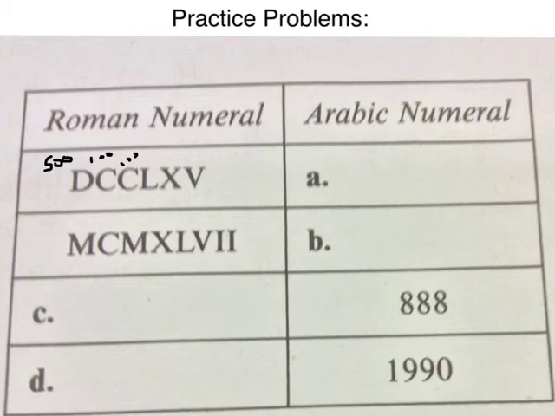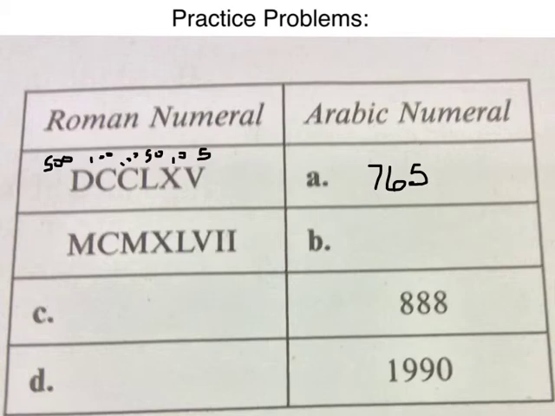And then L stands for 50. X is 10, and V is 5. So 500, 600, 750, 765.